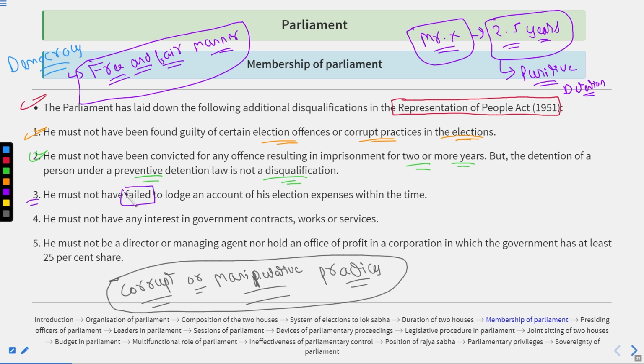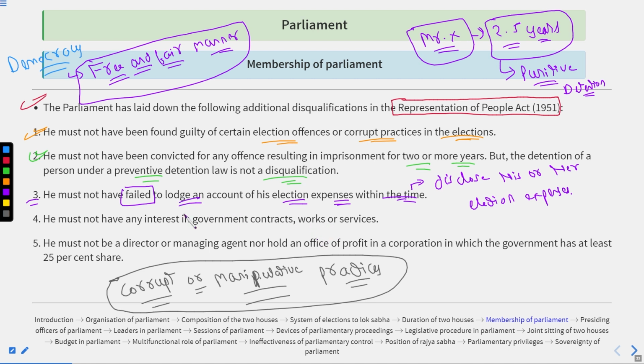He must not have failed to lodge his election expenses within the time. It is necessary that whoever contests the election is required to disclose his or her election expenses, to ensure fairness.